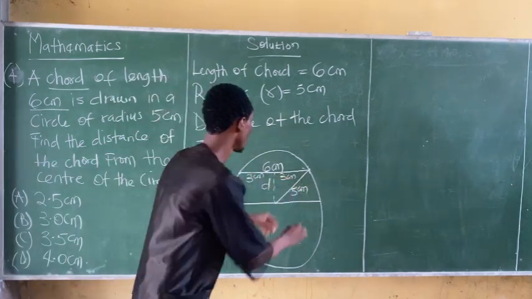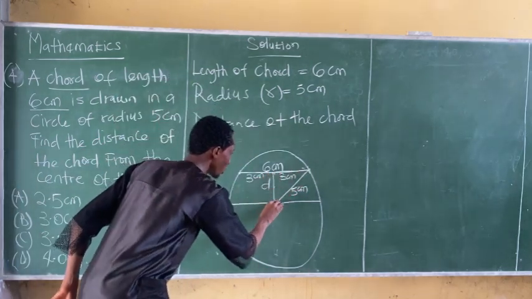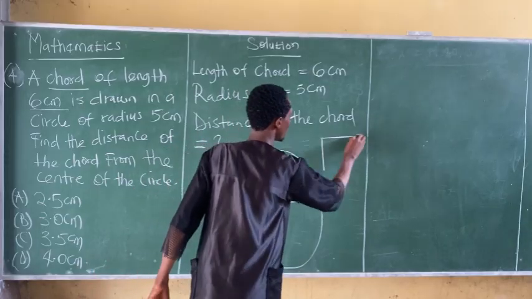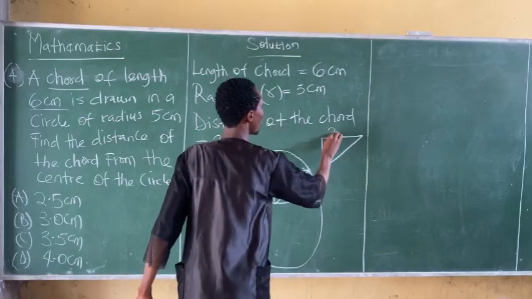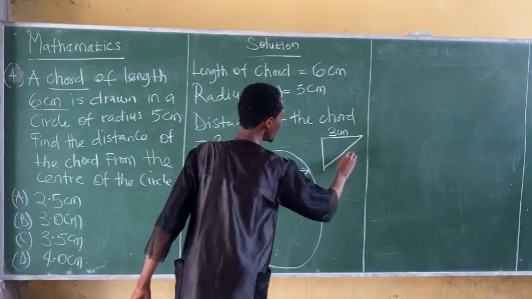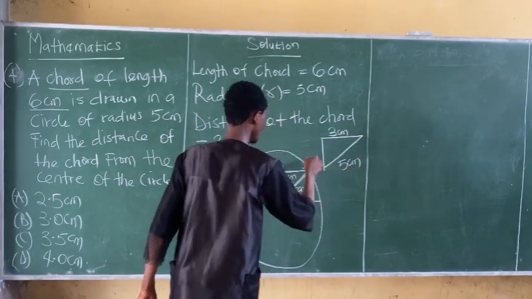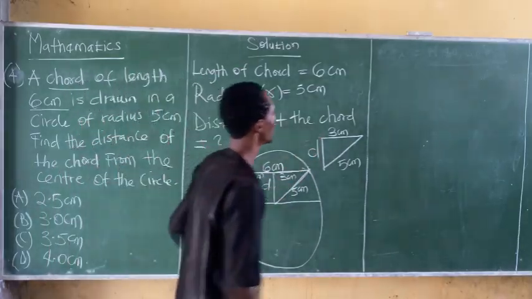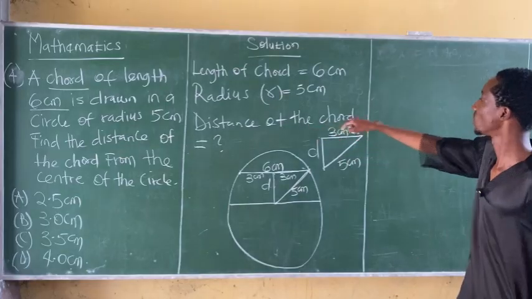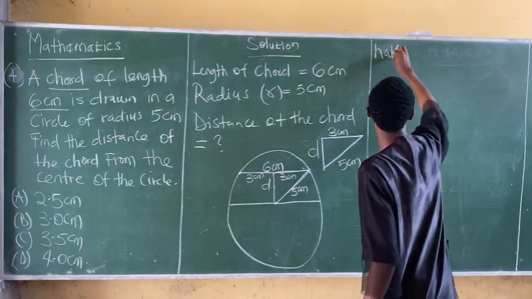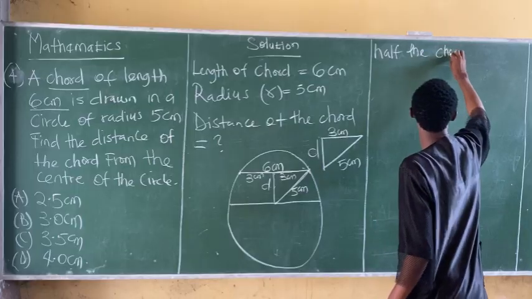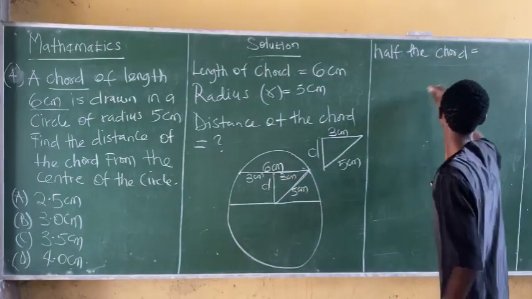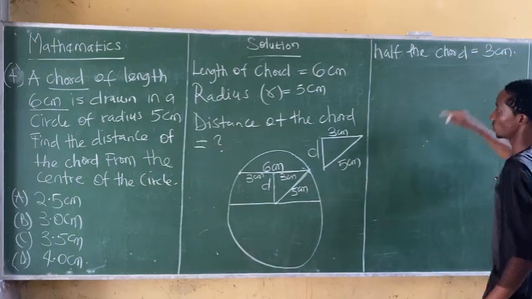If we pick this portion of the triangle out, we have here 3 cm, here the radius 5 cm, and this point to be D. Don't forget, half the chord is 3 cm.